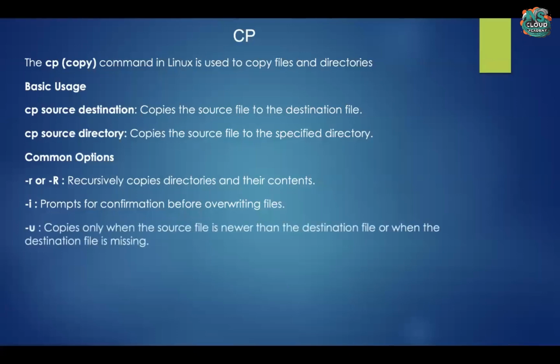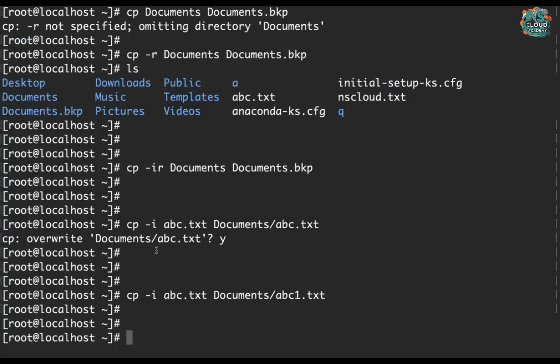Next, you copy only when the source file is newer than the destination file, or when the destination file is missing. So what it is saying means you want to take an update, right? Then only it will copy. Just see the difference, right?